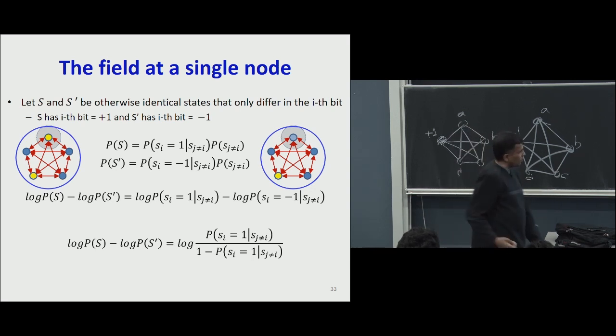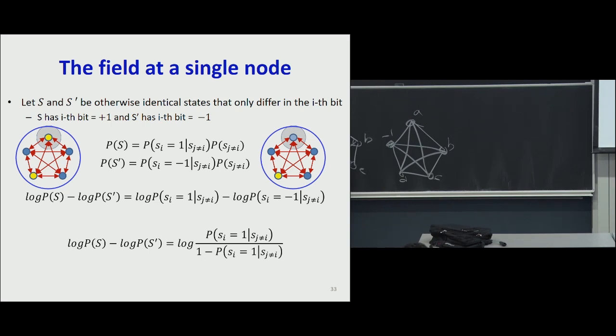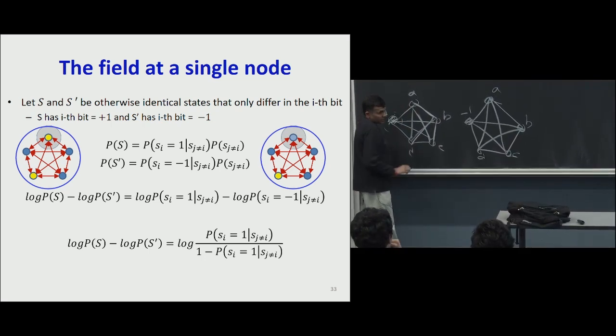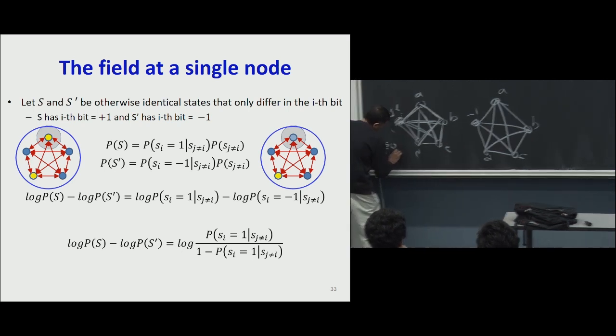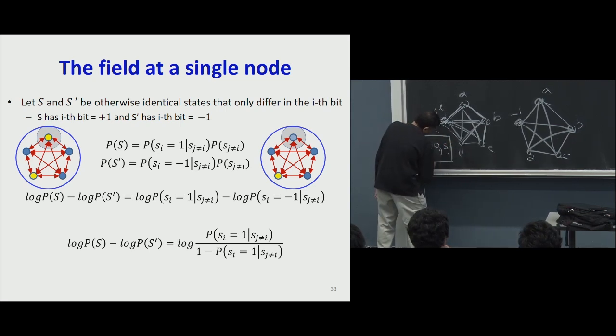If you consider the energy of the first state, it has contributions from all of the edges that don't involve this node, plus the contributions of these terms. So I can write this, calling this the ith node, as -1 times the summation over j of w_ij s_j, plus something.